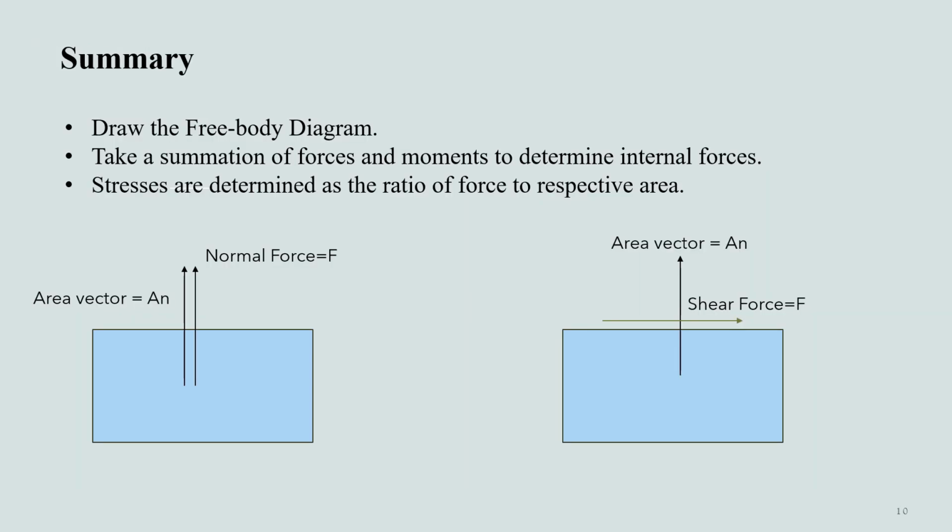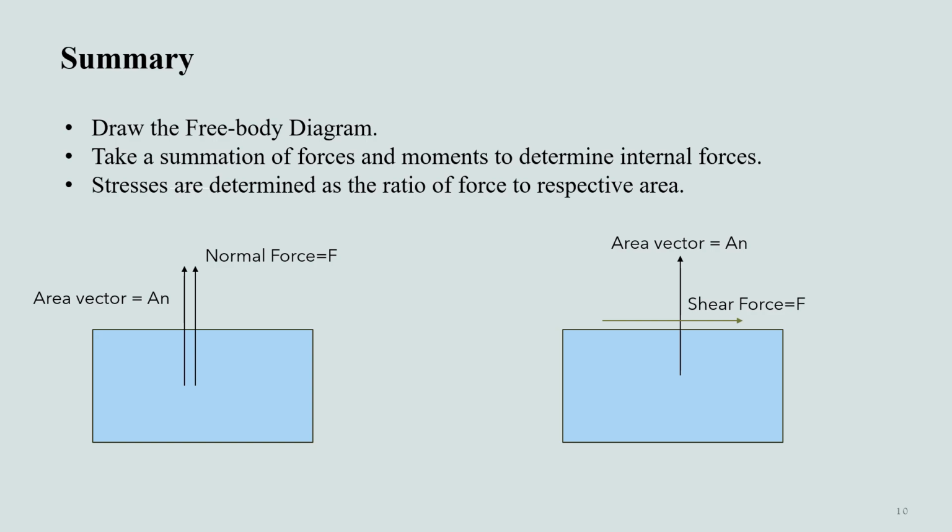A summary of the previous discussion is that there are three main steps in determining shear stresses in any body. It can be shear stresses, it can be normal stresses, but since the focus of this lecture is shear stresses, I've mentioned this. The first step is to draw the free body diagram of that body.